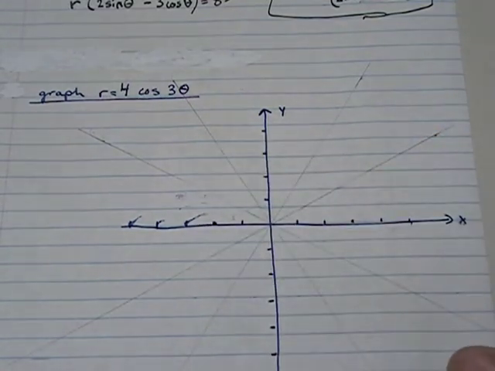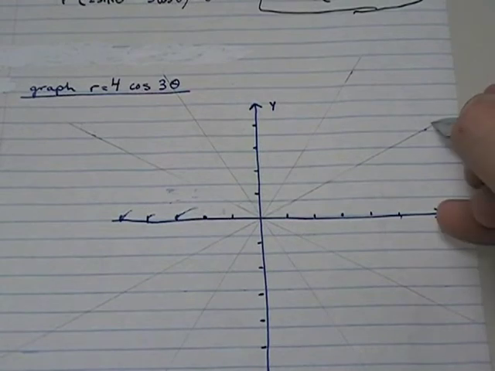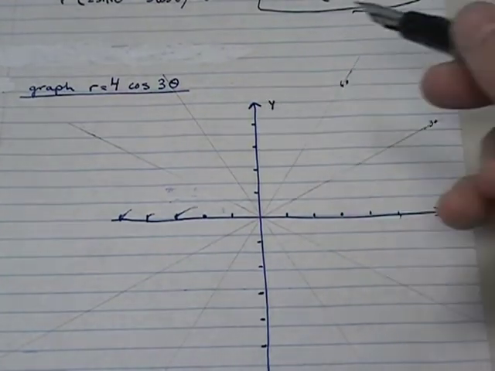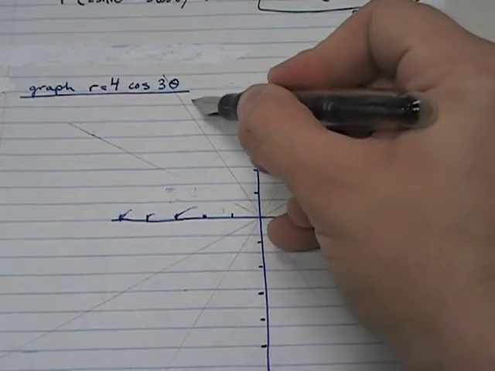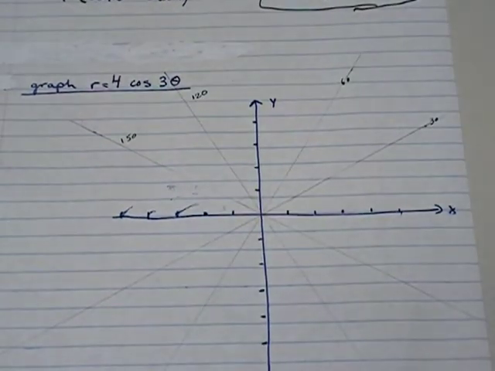Okay, so I've kind of recreated polar graph paper here. And what I've done is I've put a line at 30, at 60, obviously 90 is the y-axis, 120, 150, 180 obviously, and it goes around in increments of 30 degrees, okay? In increments of 30 degrees.